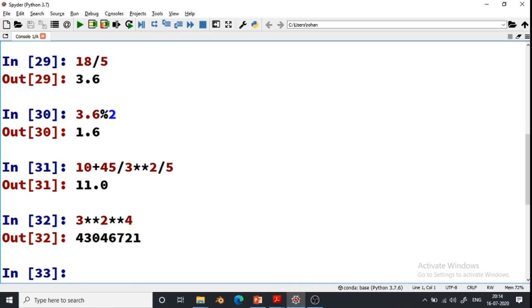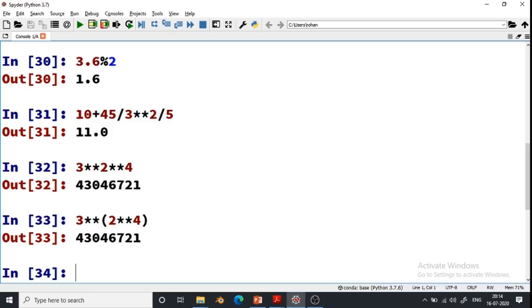The answer is 43046721. Even if I put a bracket here around 2 raised to 4, the answer should come out the same, because 2 raised to 4 is carried out first, then 3 raised to the answer of this. So the answer comes the same. That means 2 raised to 4 is carried out first, then 3 raised to that answer is carried out. Thank you.